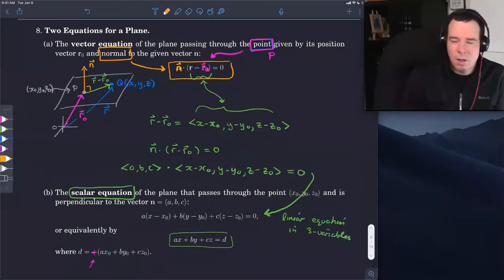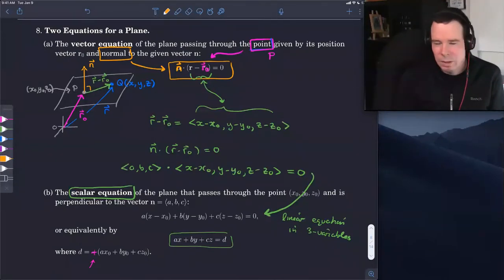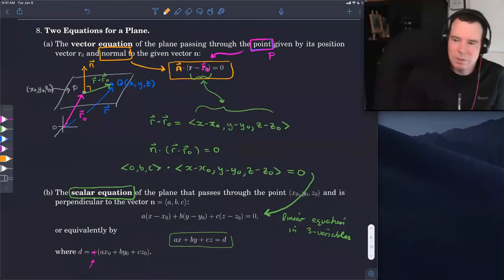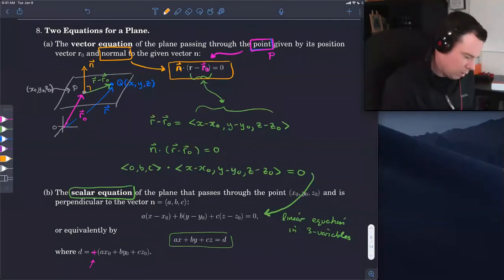Well, I'd plug in the vector 10, 10, 10 for R, and I'd see if I take its difference with R naught, which is the point I know on the plane, and I dot it with n, which is the normal vector I know, do I get 0? If I do, I know it's on the plane. If I don't get 0, it's not on the plane. So this equation is giving us a condition that R has to satisfy in order to correspond to a point on the plane. Does that make sense? Yeah, totally. Thank you. You're welcome. So R's are variable and the other ones are constants.